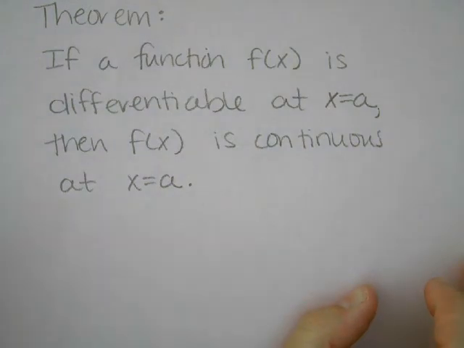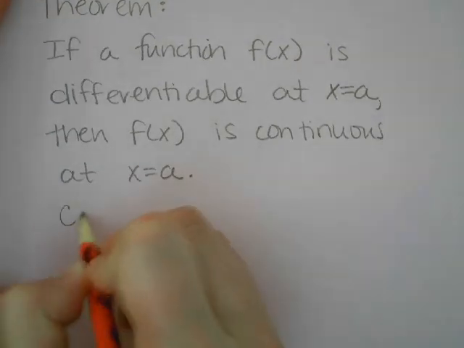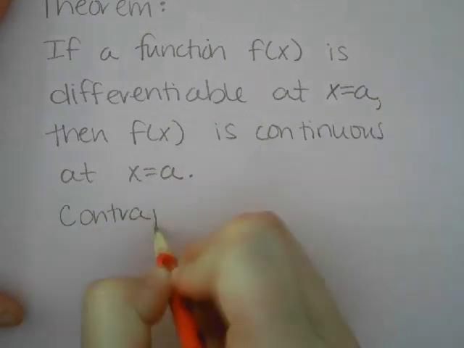So that's the theorem. If f of x is differentiable at a, then f of x is continuous at a. And there's a contrapositive to this, which is kind of like the flip side.